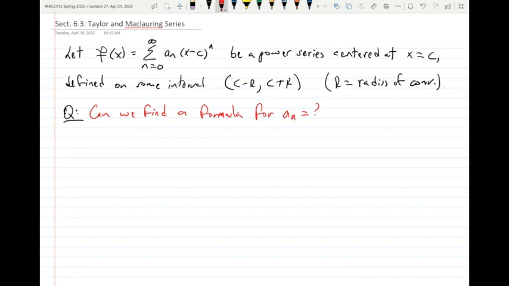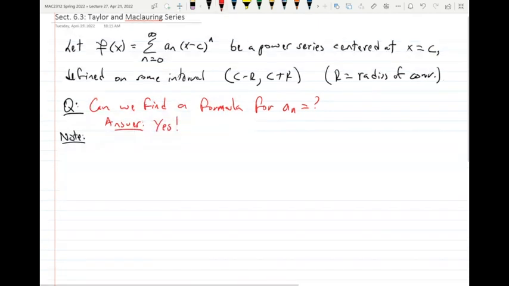If we can figure out a formula for a_n, then we'll be able to find a power series for any function that comes our way, given certain conditions. So let's try to figure this out. How does a_n look in terms of the function f? By the way, the answer here is yes. So let's find it.